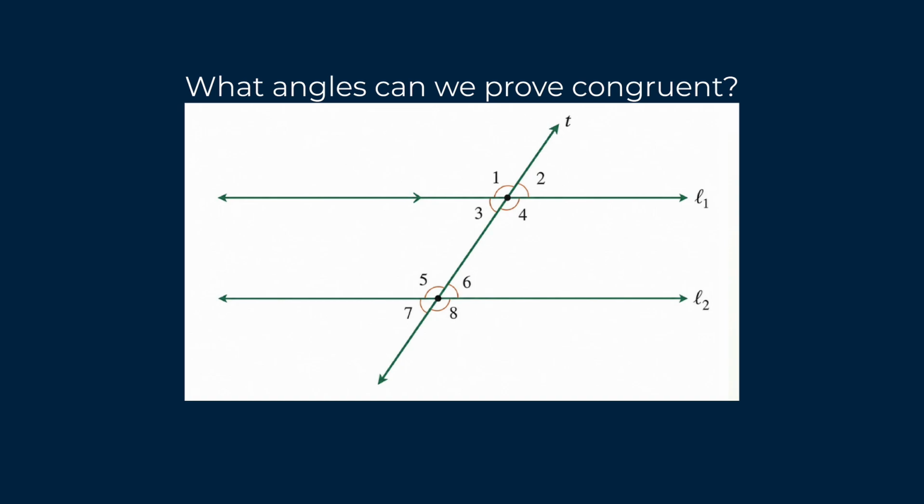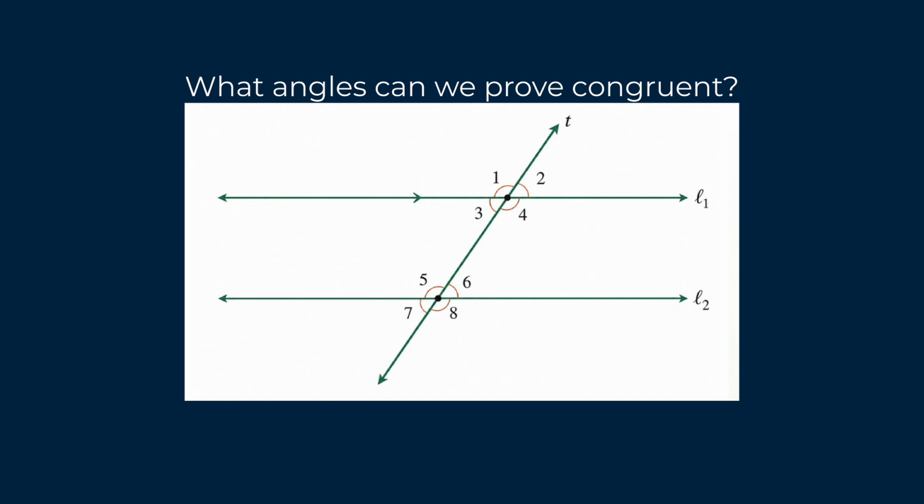So what if we wanted to compare an angle made from L1 and T and an angle from L2 and T? Well, each intersecting line forms 4 angles, and these 4 angles will be the same because these two lines are parallel, meaning that we also proved that corresponding angles of the two lines will be congruent.